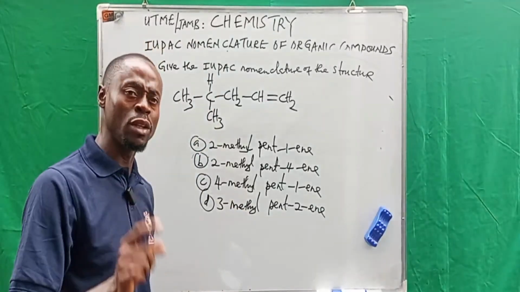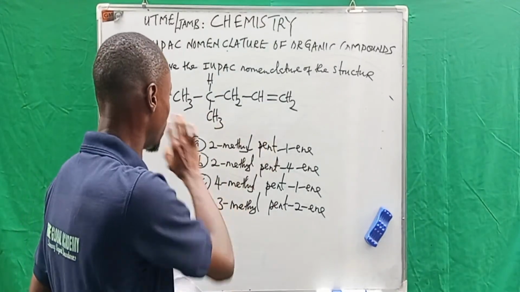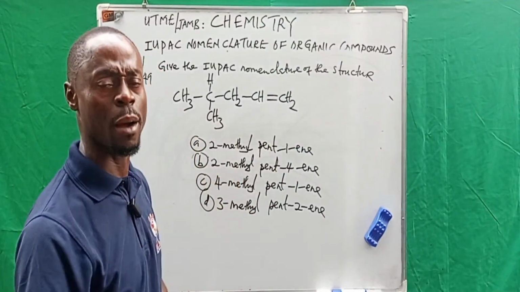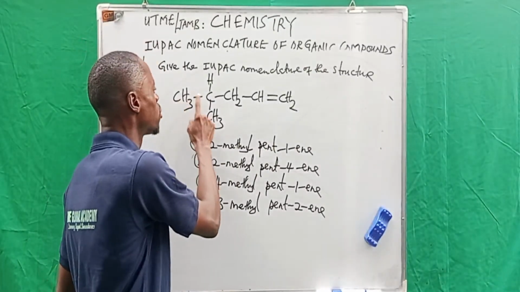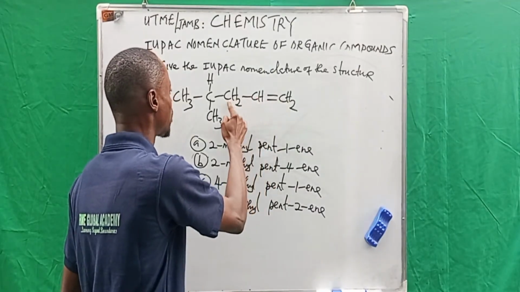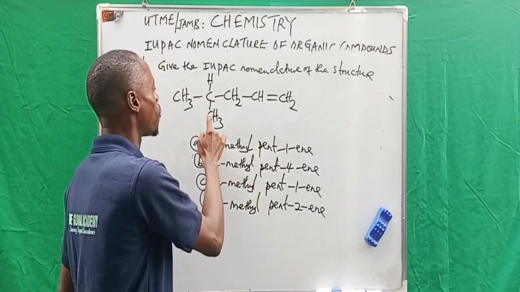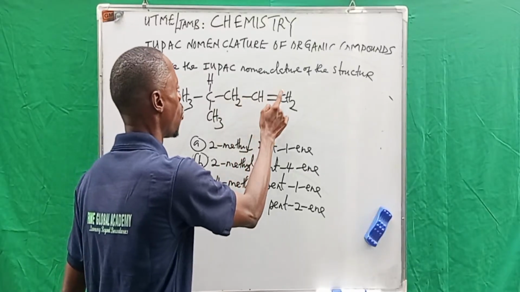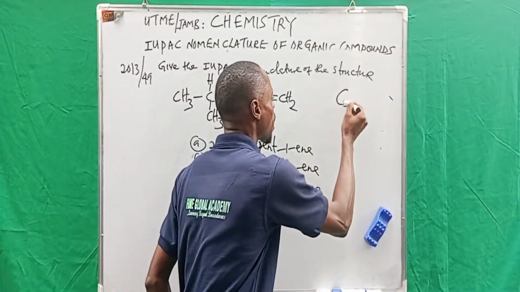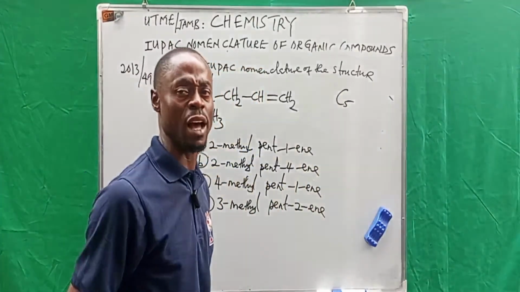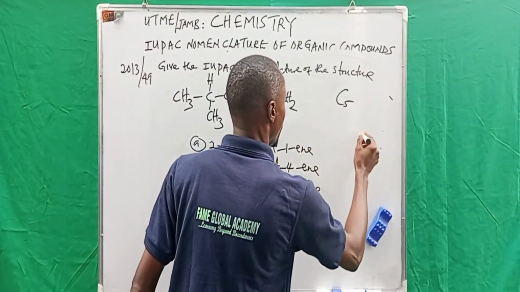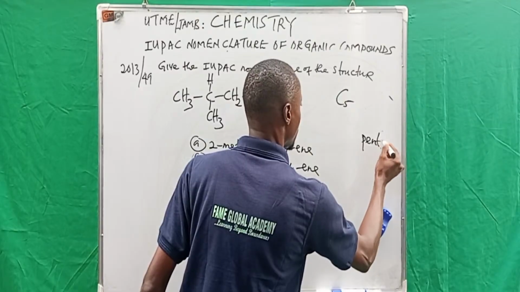You can do that from any direction. Let's identify the longest chain: 1, 2, 3, 4, 5 from this direction, and 1, 2, 3, 4, 5 as well. Having identified 5 carbon atoms as the longest chain, the parent name must be pentane, must be pent.